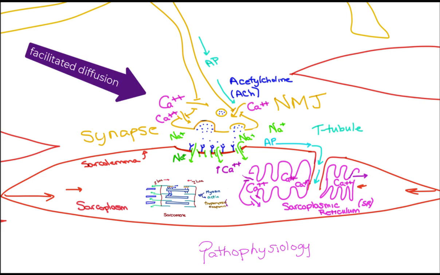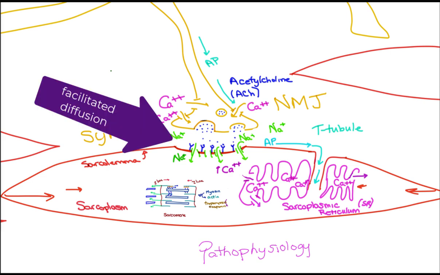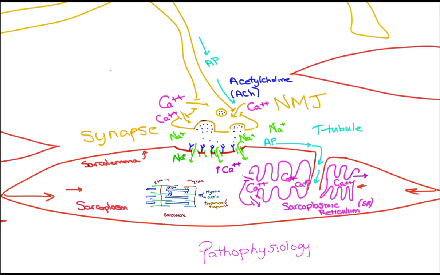For example, when calcium enters the cell at the terminal ends, we use facilitated diffusion. And to get it back out again, we use active transport to move it against its gradient. Likewise, when sodium enters the muscle fiber, we use facilitated diffusion to get it in there. We will pump it back against its gradient by active transport to help maintain that gradient. But of course, that also uses ATP.